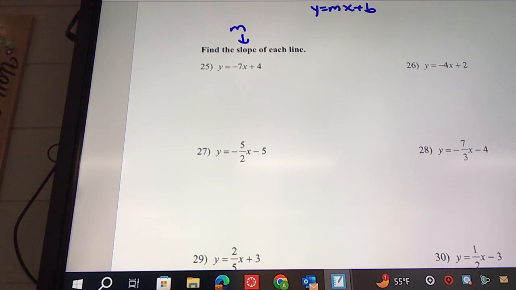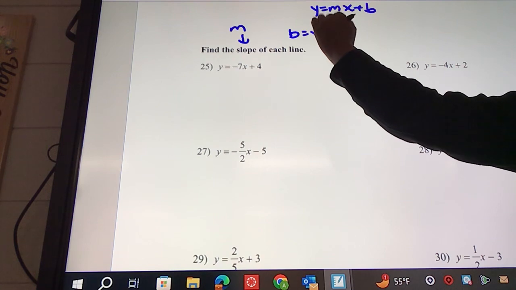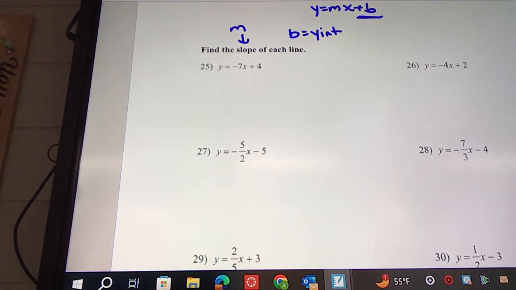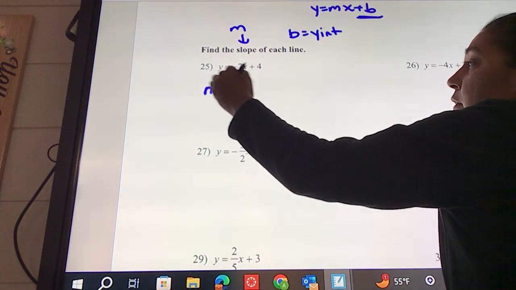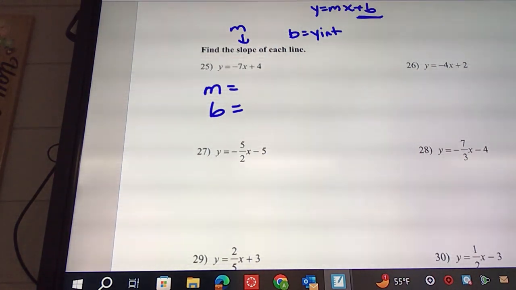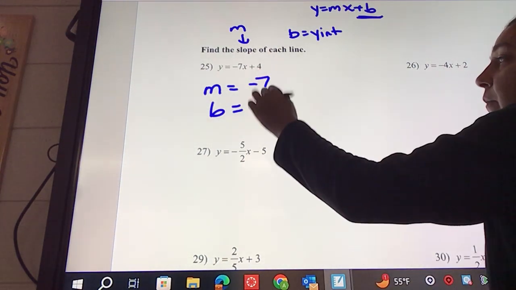The b is the y-intercept. So it's always this last piece. The only difference today is you're going to say m equals, b equals. And what is my m on 25? What's my slope? Negative 7. My y-intercept then is what? 4.